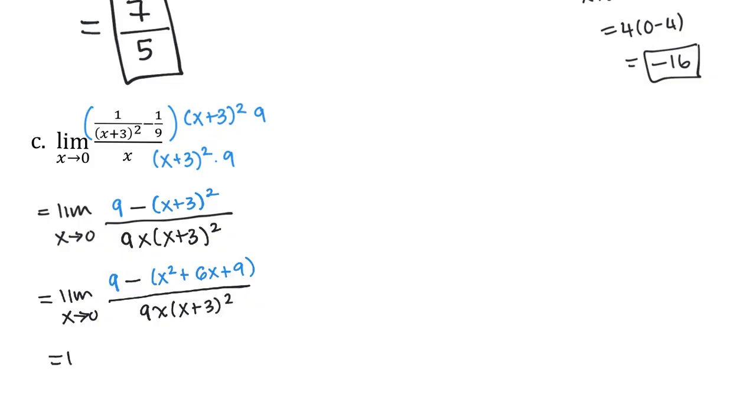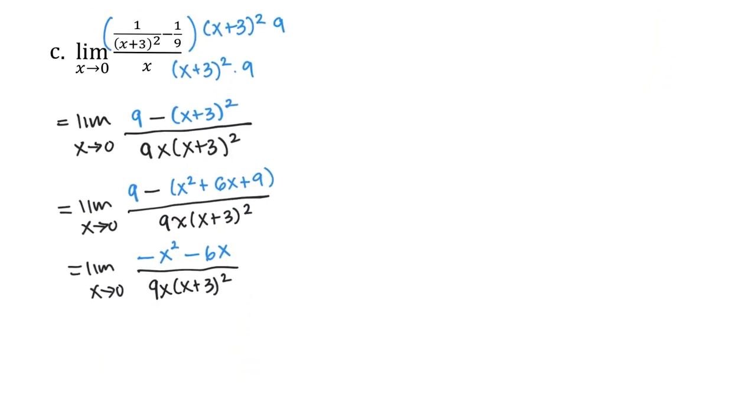Okay, let me keep simplifying the numerator. So that's going to be negative x squared, negative 6x, and if I do 9 minus 9, they cancel. Denominator, still chilling. Okay, let me see. Numerator, let's take out a common factor.